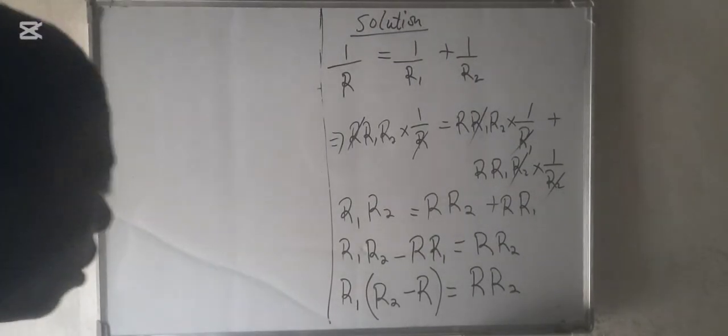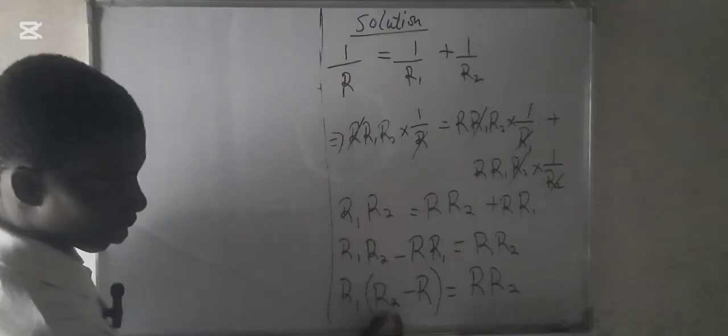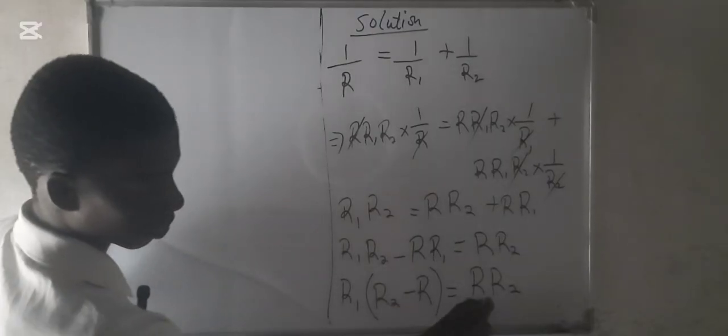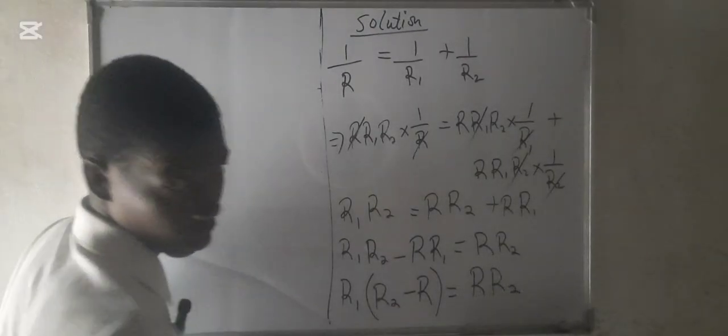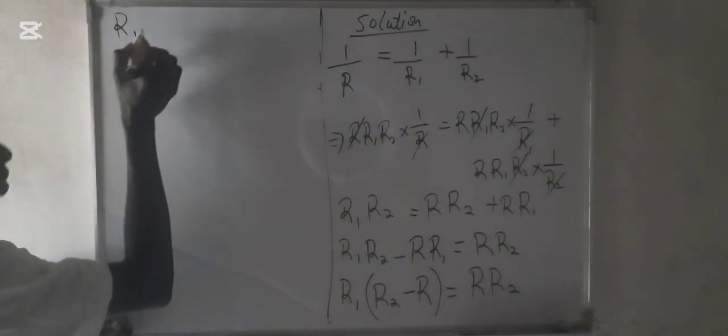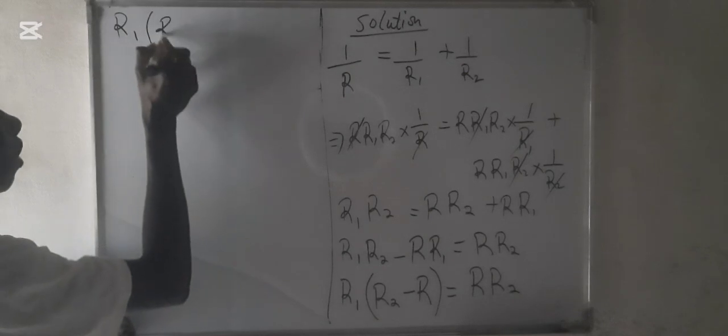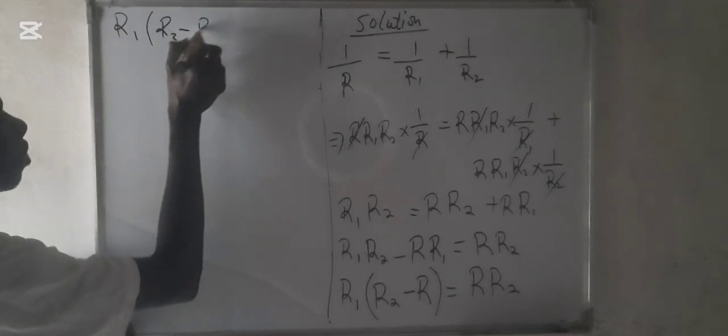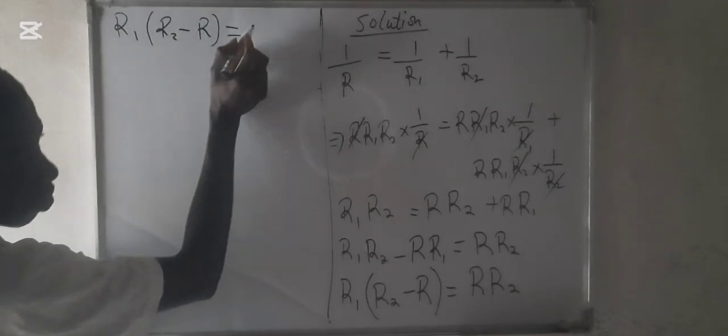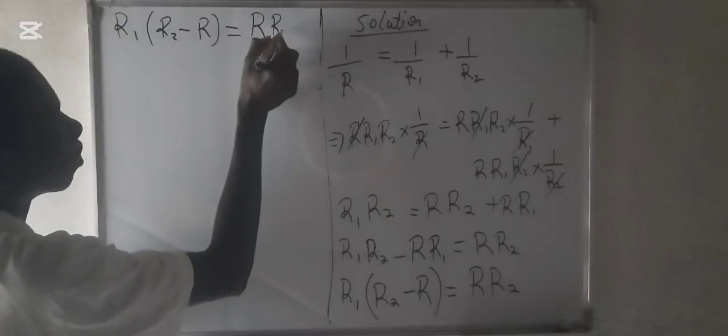So we now proceed. We have R1 times R2 minus R. Remember, we are asked to make R1 the subject. So we rewrite it on top here. This is R1 into R2 minus R, is equal to R2.